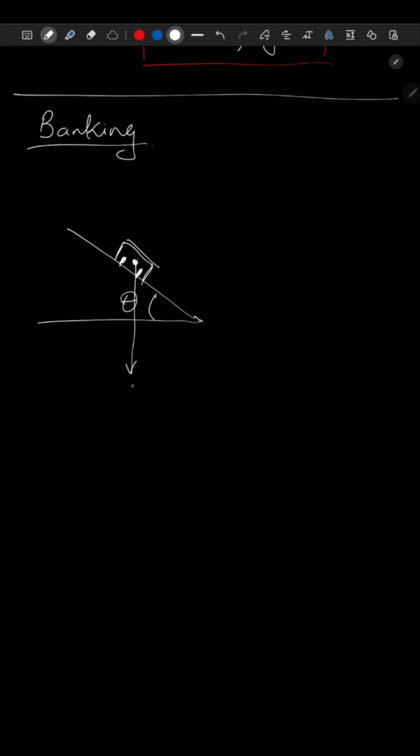Therefore, we know that this would be the mg. The normal is normal to the contact of the inclined plane, so this would be the normal. If this is the angle theta, by geometry you can also prove that this angle here is theta. If you resolve the forces, you will have N cos theta here and N sine theta here.